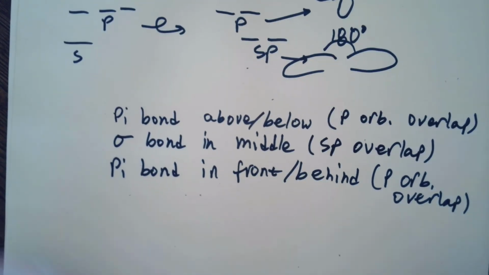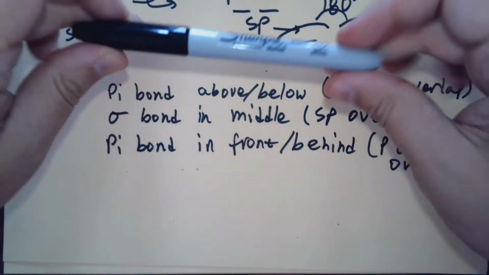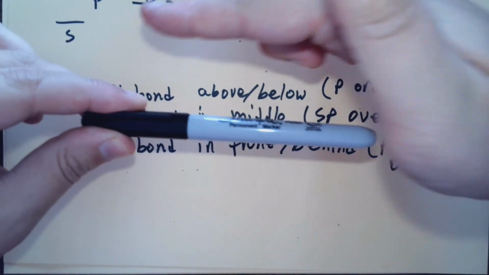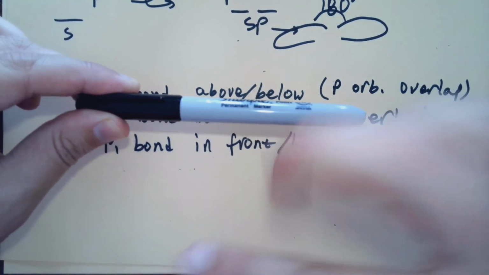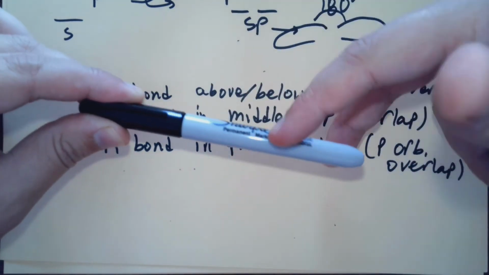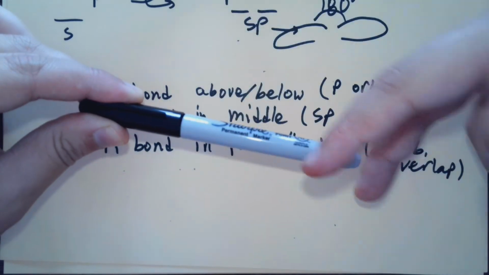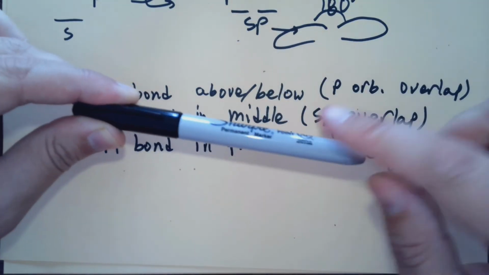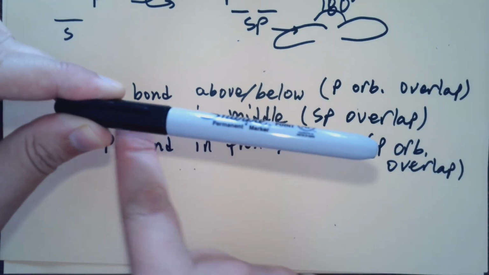Okay? And so, again, if we have our sigma bond, we have a pi bond that's half here, half here. So there's a pi bond running right here. There's a second pi bond in front and behind. So this area is taken by a pi bond. This area is taken by a sigma bond. This area back here, pi bond.